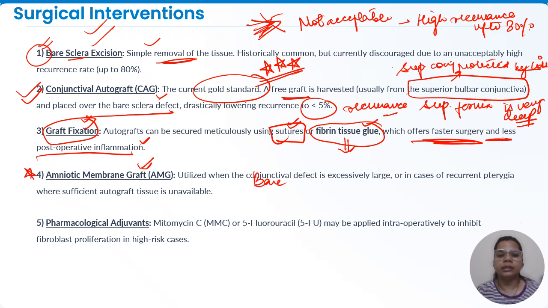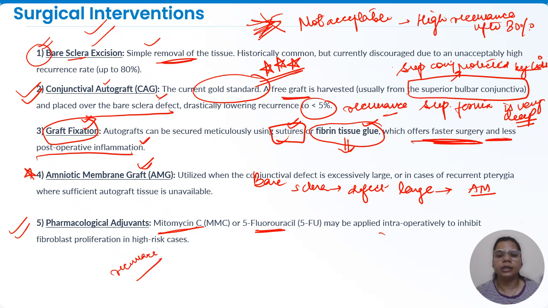After doing the bare sclera, if the defect is very large, then we can place amniotic membrane in place of the conjunctival autograft. Since there is a high incidence of recurrence with this condition, to reduce recurrence we can use mitomycin C or 5-fluorouracil intraoperatively to inhibit fibroblast proliferation in high-risk cases.